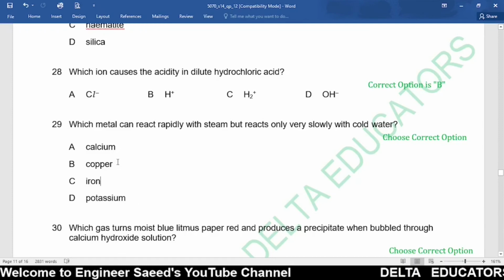Copper is less reactive than hydrogen, so copper will not react with cold water. So B is also incorrect. The only possible option is option C, iron. Iron reacts with steam very rapidly, but it reacts with cold water very slowly. So correct option will be option C.